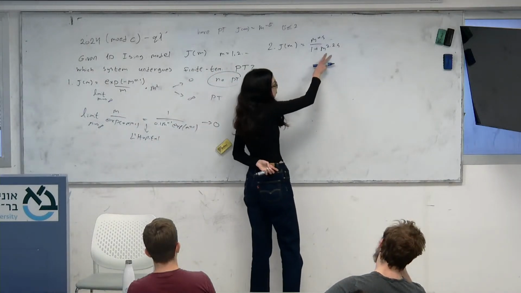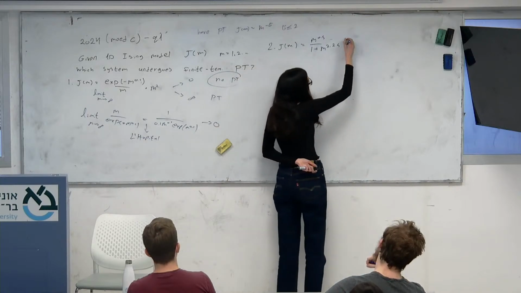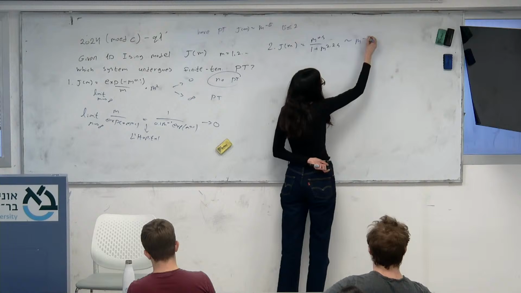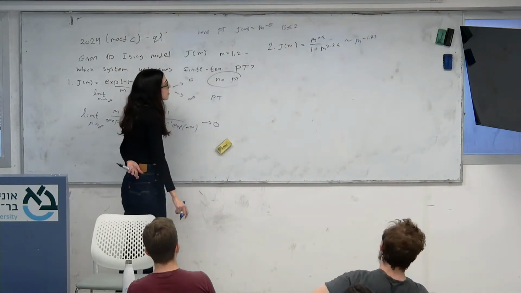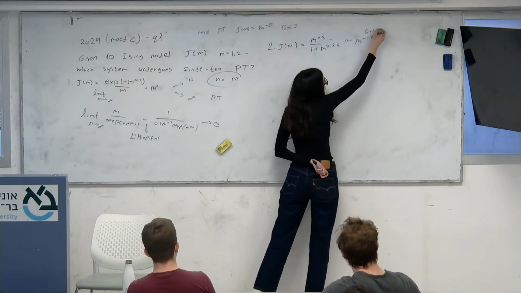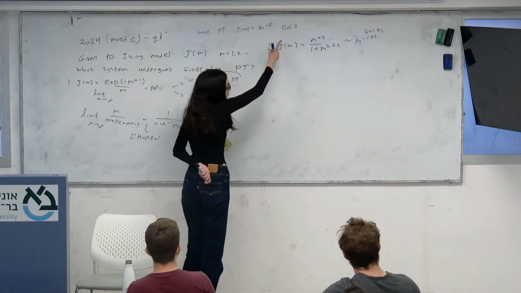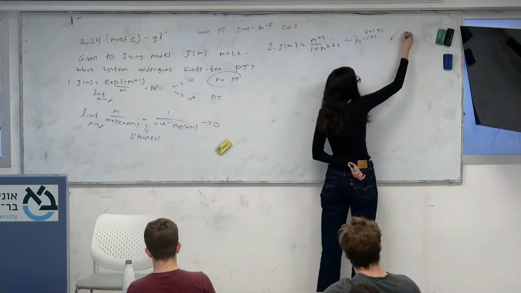Where m goes to infinity, the 1 is negligible. So this is basically just m to minus 1.75, which is basically sigma equal to 1.75, and we immediately can see that this is smaller than 2, so everything's great. We have phase transition.